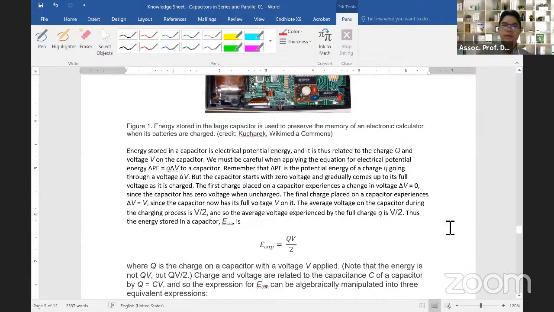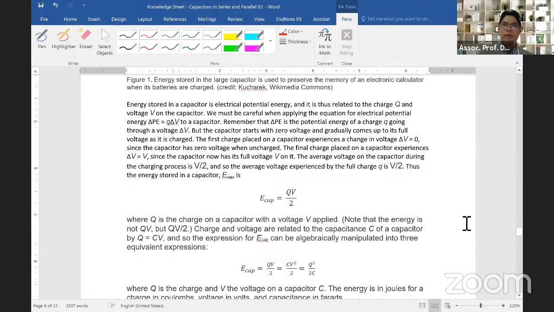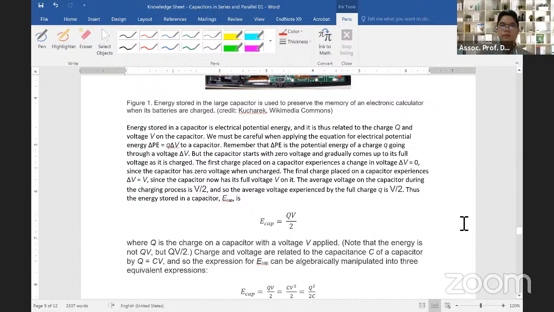So when we calculate the energy for a circuit like that, the full voltage is V, but we have to find the average voltage experienced by the full charge. So this is V divided by 2, it means half of the full voltage.